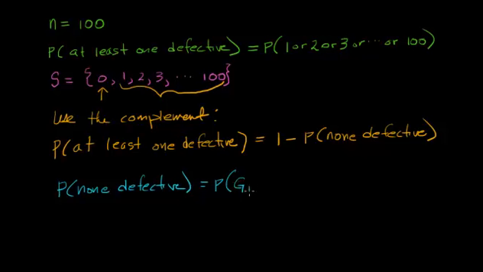I'm going to use my G. The first one was good, and the second one was good, and the third one was good, and you can see where this is going, and the 100th e-reader was also good. Well, this is a multiplication rule. And the other thing is, with multiplication rule, we have to consider, are these independent events?